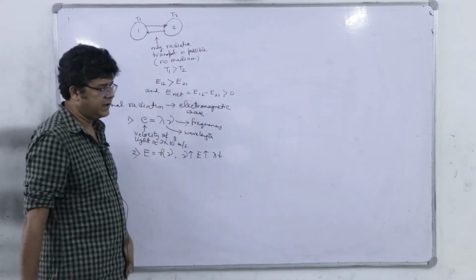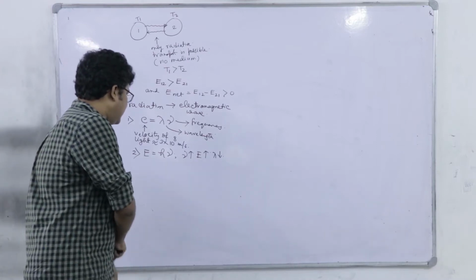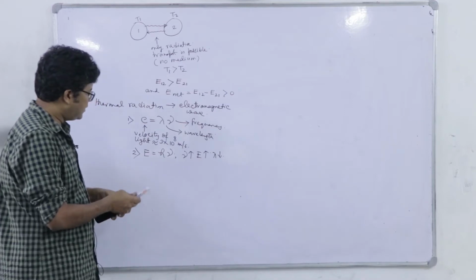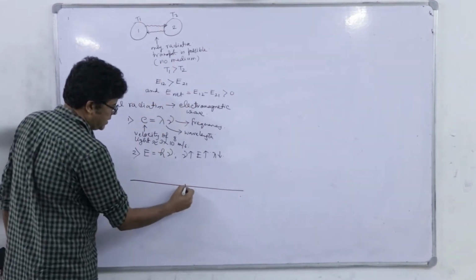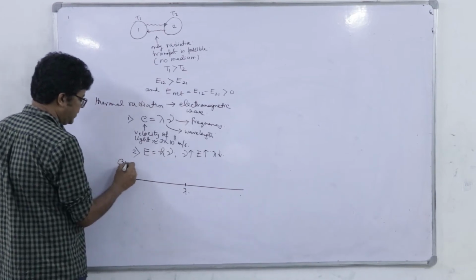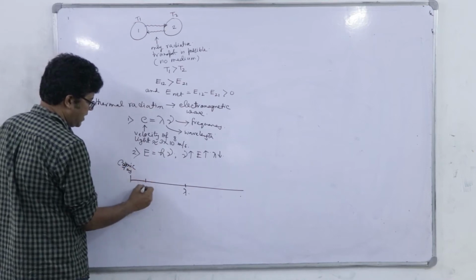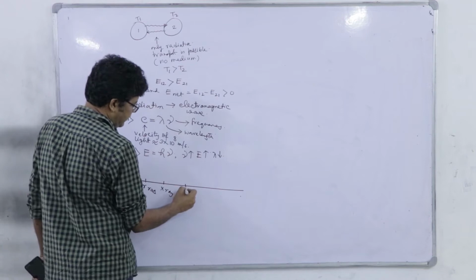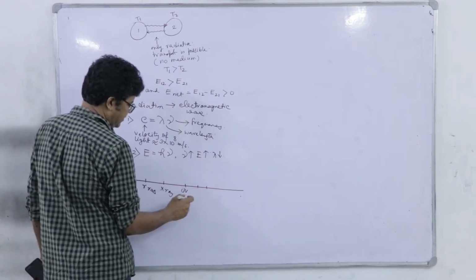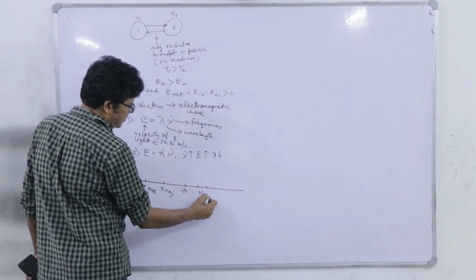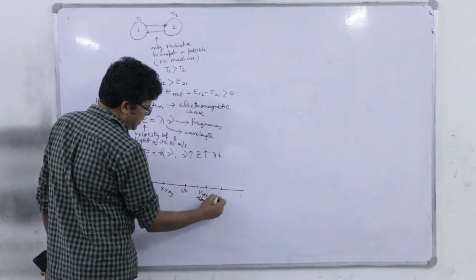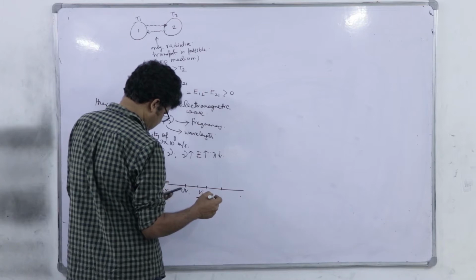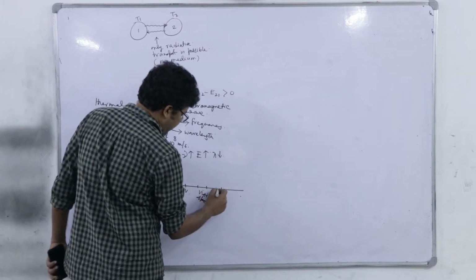And the range of this optical radiation, if we think of the entire spectrum along the lambda axis, it starts from cosmic ray, then we have gamma ray, here we have X-ray, then ultraviolet, then over a small region we have the visible spectra, then infrared.